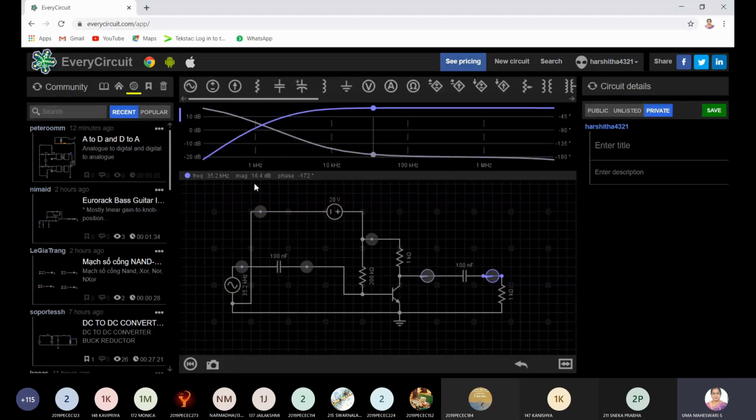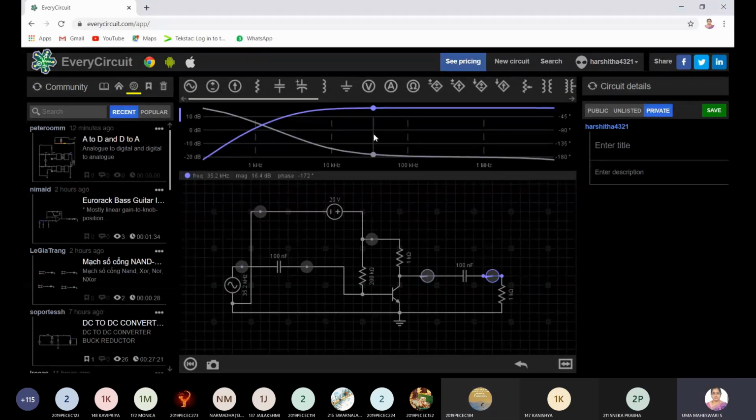So to find the bandwidth, I should determine the cutoff frequency. So for drawing cutoff frequency, how many decibels should I draw from the midband gain? Midband gain minus 3 decibel. Yeah. Okay. Here midband gain is how much? 16.4. What is 16.4 minus 3? 13.4.